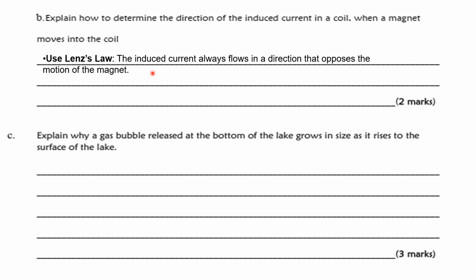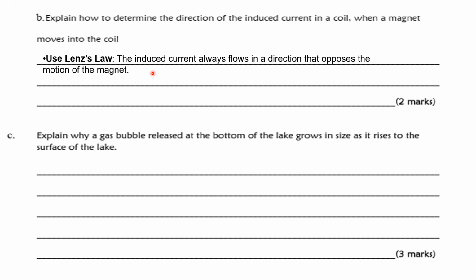All right. For example, when a magnet moves towards or away from a coil, the magnetic field through the coil is increasing.